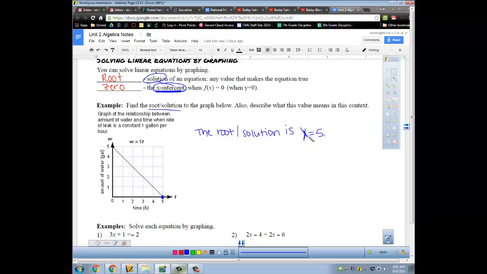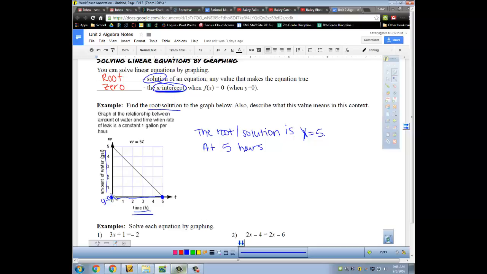When they ask you what does this mean in this context or this situation, we want to look closely at the labeling of the graph. So if I'm looking at 5, this is 5 hours. So we could say at 5 hours. And then I want to see how does that match up to the y-axis. So it's when y is 0. And what's going on with the y-axis?